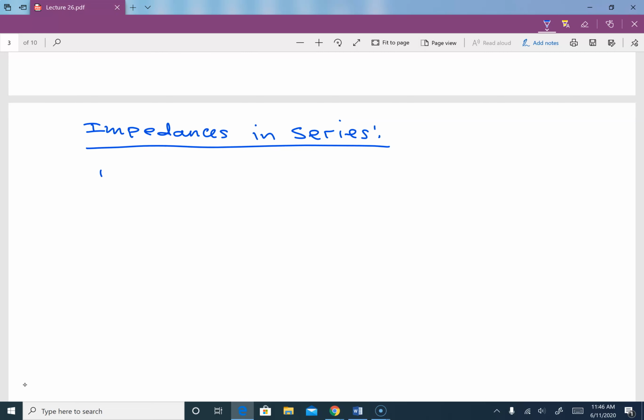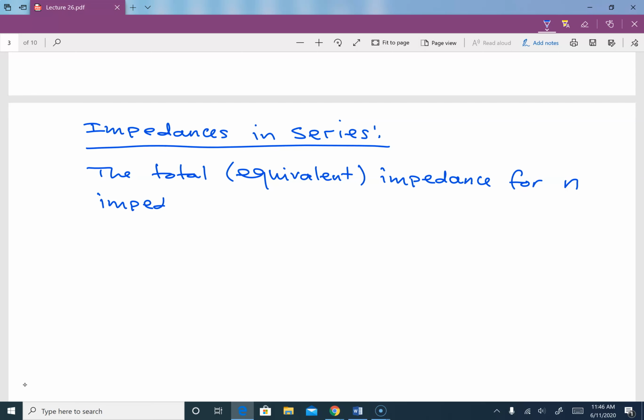So we can say that the total or equivalent impedance for n impedances connected in series will be the total.